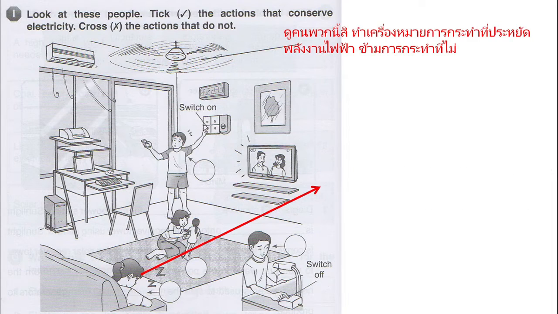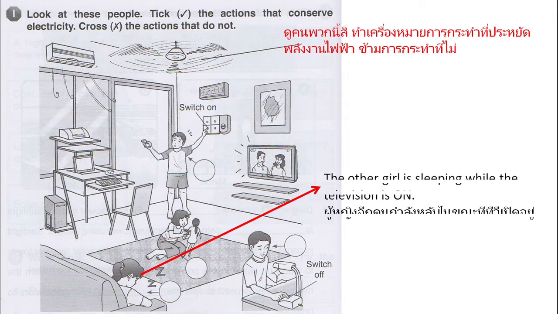Next, the other girl is sleeping while the television is on. So she is not watching TV. She is asleep. Do you think that action conserves electricity? Certainly not. That action does not conserve electricity.